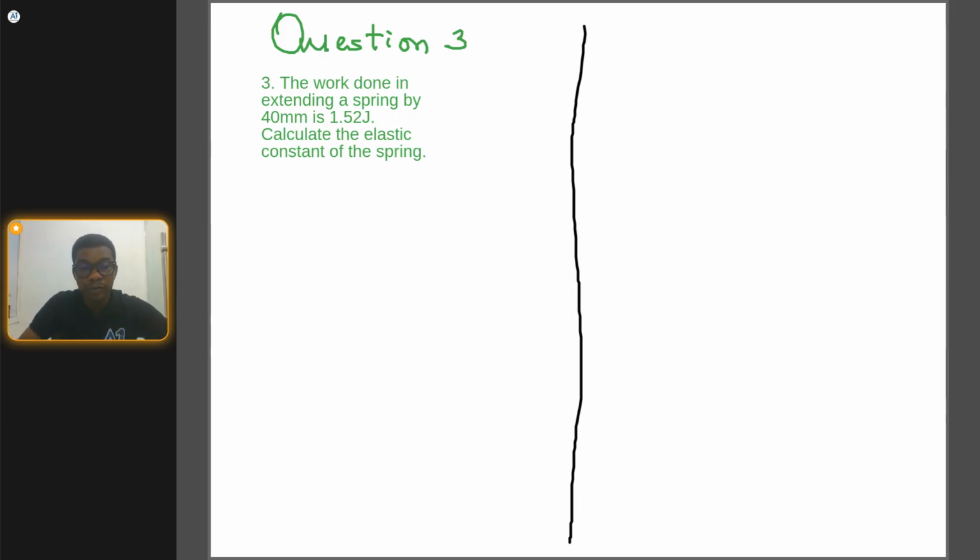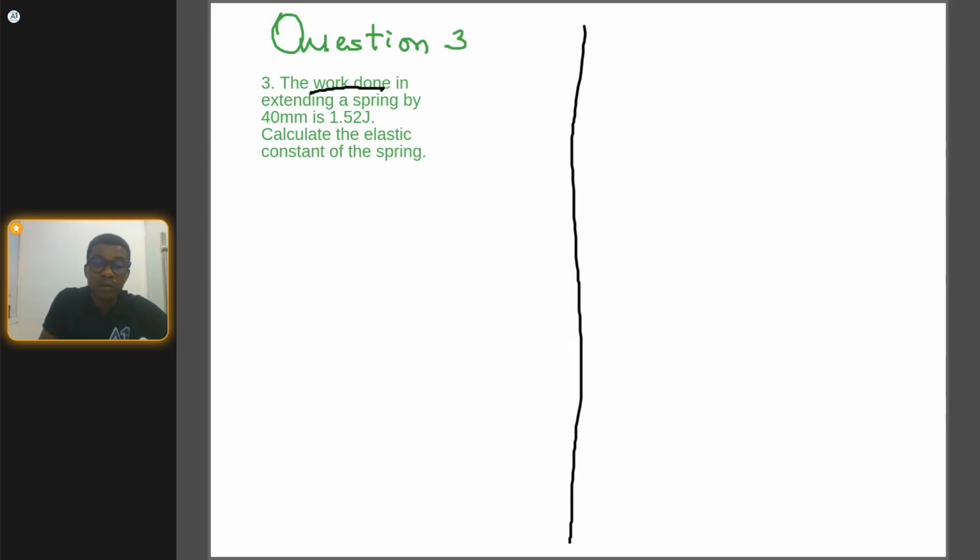We have the work done in extending a spring by 40 millimeter.